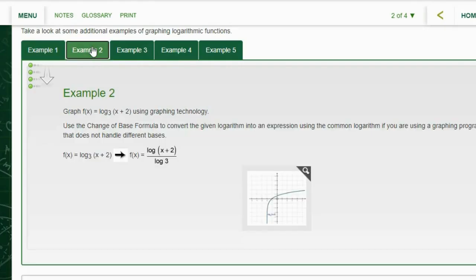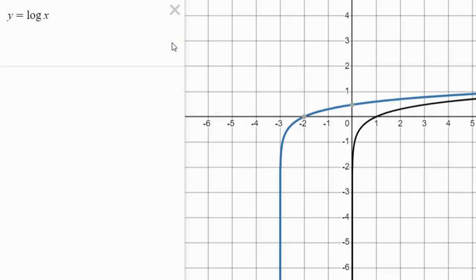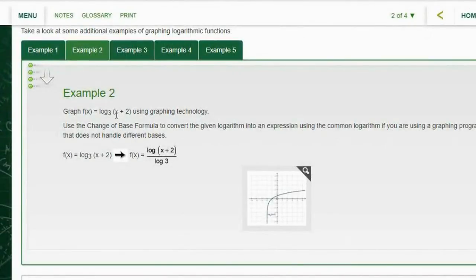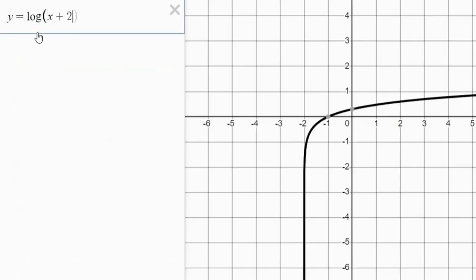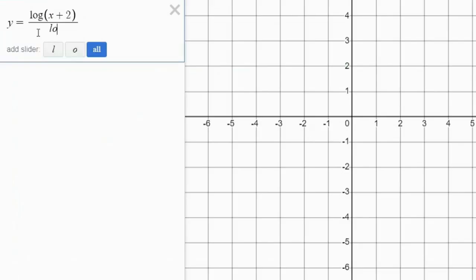Example 2. That says do log base 3 of x plus 2. Can we do that? Sure. If we remember how we do that, if we want x plus 2 to be the argument and 3 the base, we put x plus 2 on top of the fraction and divide it by log 3.